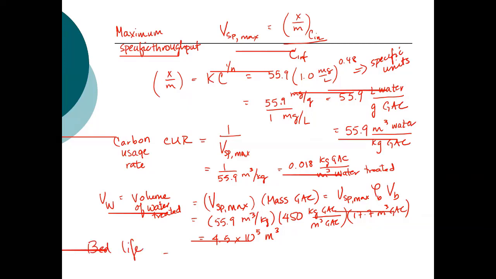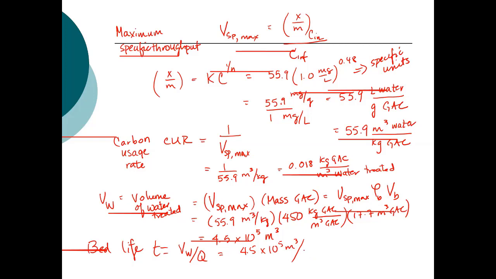So how long before you have to regenerate? And that is equal to this volume that we can treat divided by Q. So it's 4.5 times 10 to the 5 cubic meters divided by our flow rate, and that is 175 days. So that is the absolute maximum.